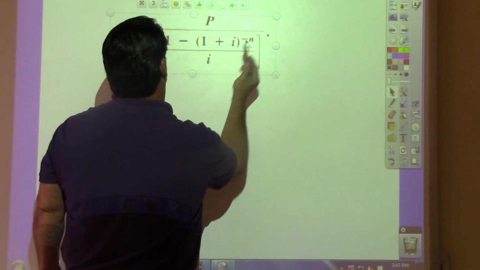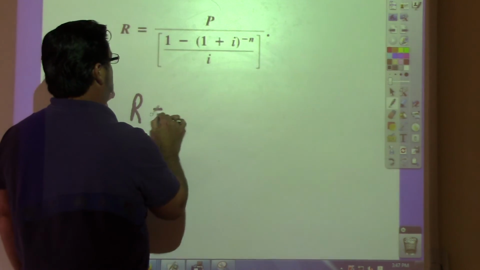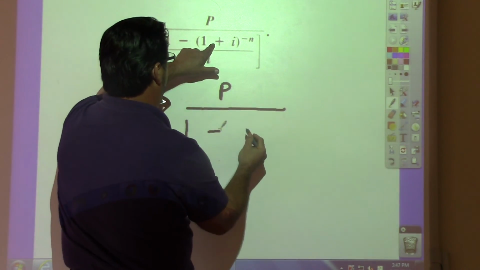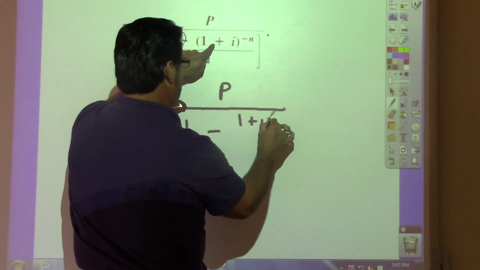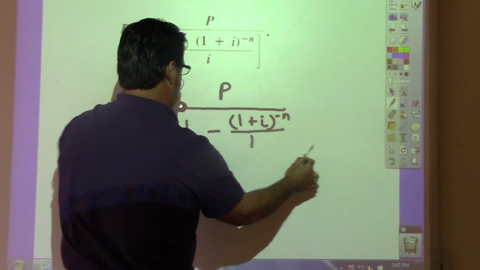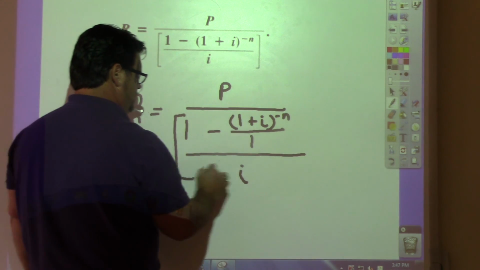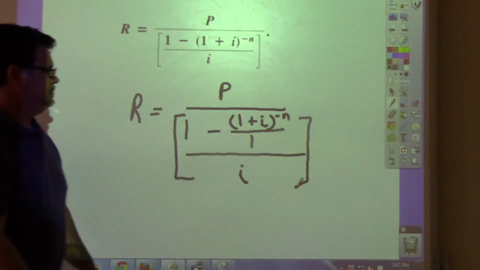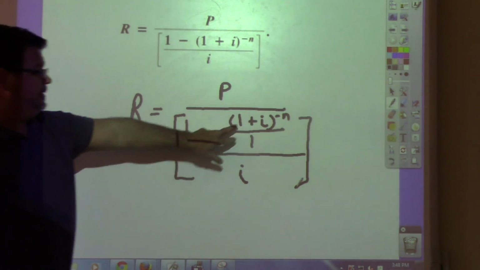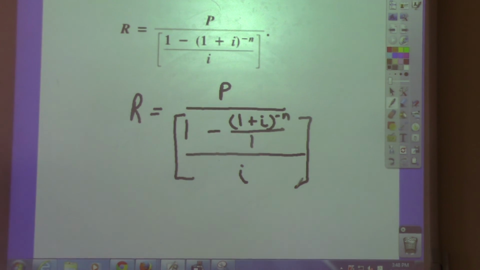This is over 1. So I'm going to rewrite it: R is equal to P over 1 minus, and I'm going to put this over 1, (1 plus i) to the negative n over 1, all over i. This bottom part is over i. Now I'm going to flip this right here. Why am I going to flip this? Because if I flip this, it'll make this negative n a positive n, and it won't give you a conniption when you see it.